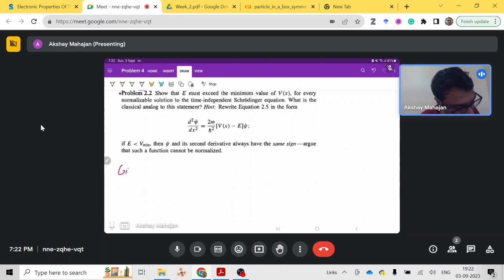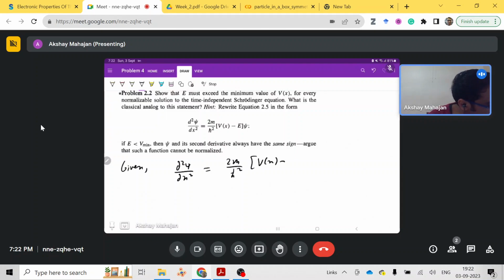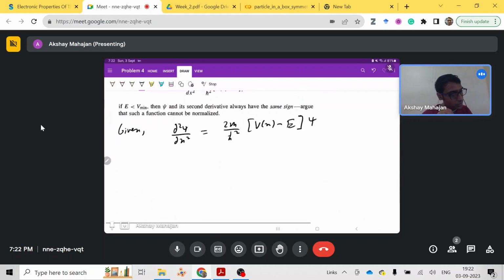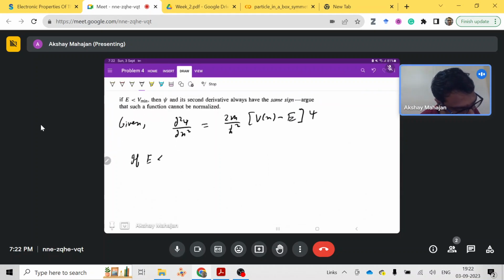Let's do it now. What we are given is del squared psi by del x squared is equal to 2m by h bar squared times (V of x minus E) times psi. Now if E is less than V min, I will represent this as psi double prime, and this is psi only.